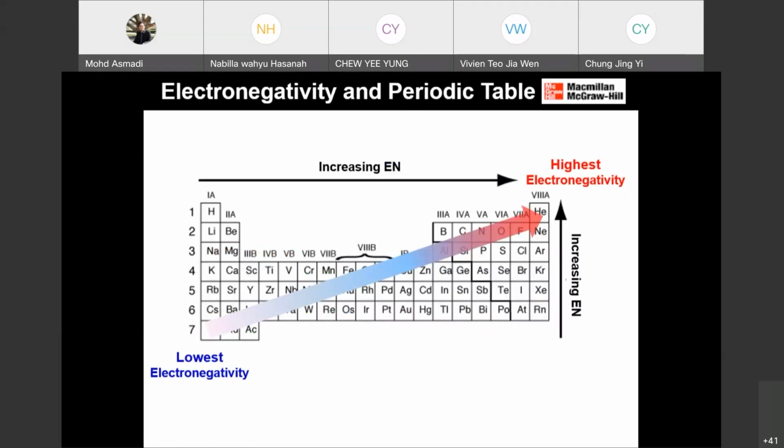Let's see the difference between metals, metalloids, and non-metals.